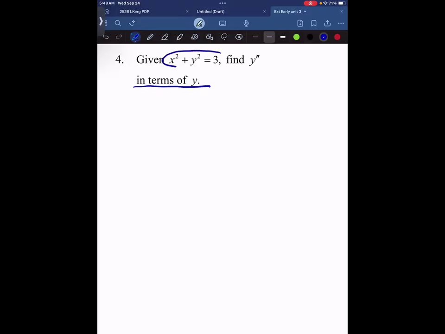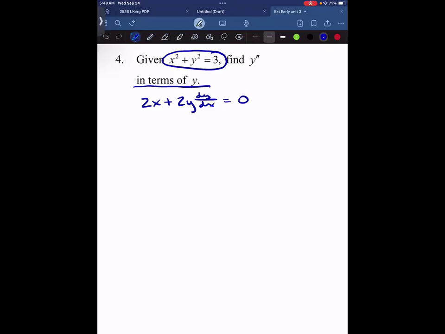First, just like with any derivatives, we can't find y double prime without finding y prime. So we differentiate first. 2x plus, make sure you can do this part, remember it's a chain rule, 2y dy/dx equals 0. Now we can go one of two ways at this point.